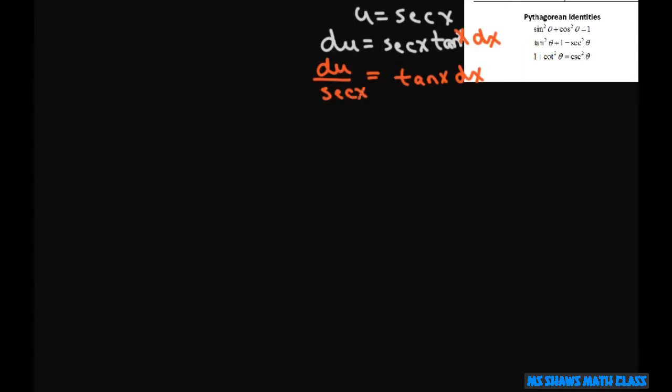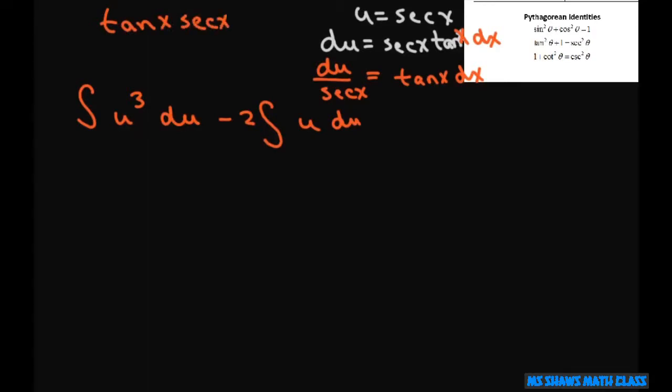So let's substitute. You're going to have the integral of u cubed du, minus 2, and then we have tan and secant squared, so we're going to have u du. Because before we had tan x, and then we had 2 secants, because this was squared.